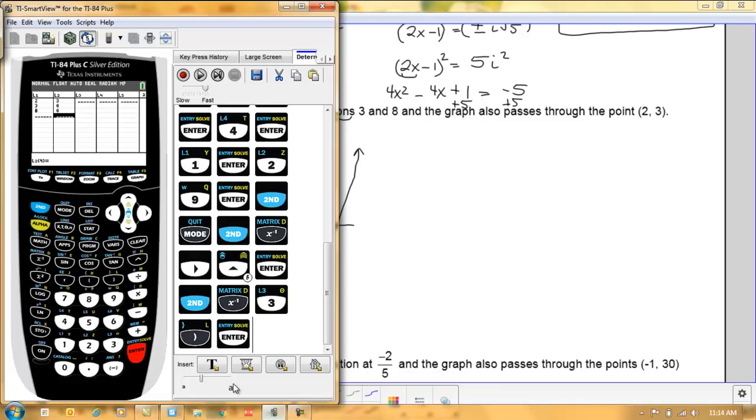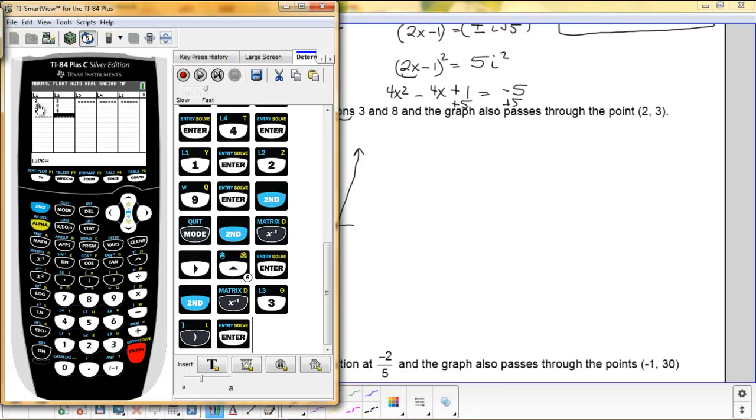So let's open that up right now so you can see it. So I went ahead and put those 3 ordered pairs into the calculator. And now I'm going to go to Stat, Calculate. It's a quadratic, so I'm going to quadratic regression. And let's go ahead and calculate it.